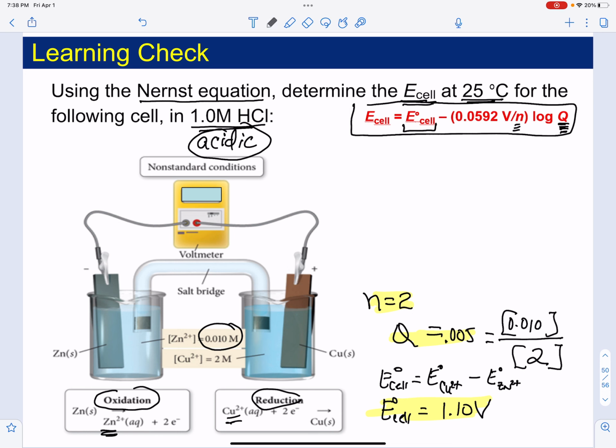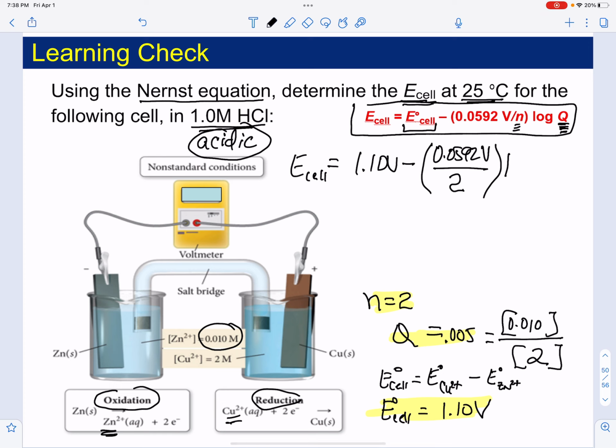So that means the cell potential at non-standard condition is going to be 1.10 volts minus 0.0592 volts divided by 2, log of 0.005.